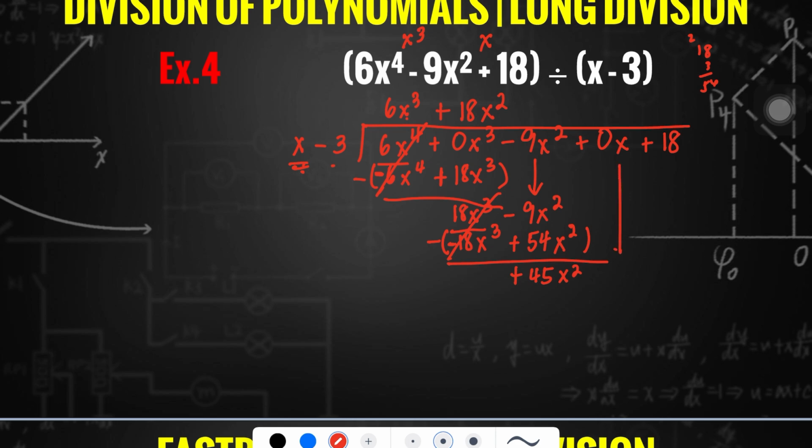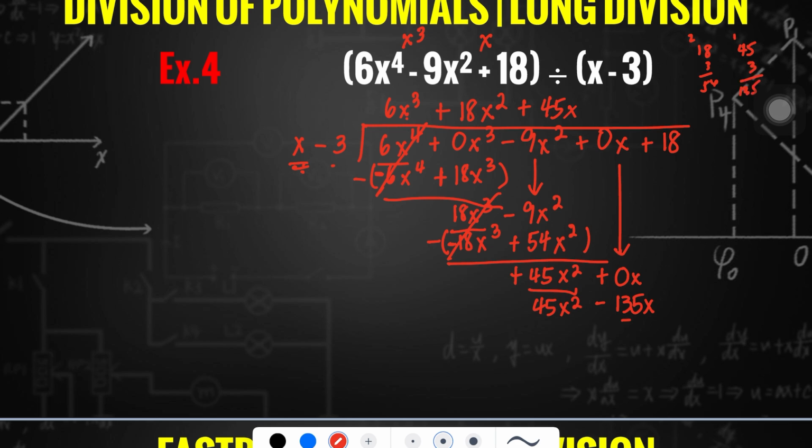Bring down 0x. Divide 45x squared by x. 45x. 45x times x, that's 45x squared. 45x times negative 3, that's negative 135x. 45 times 3, correct.